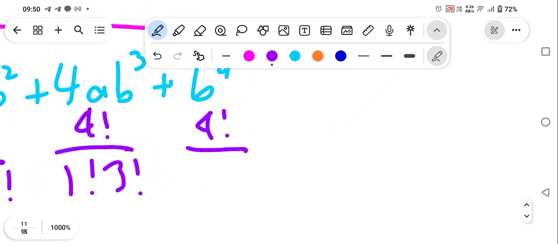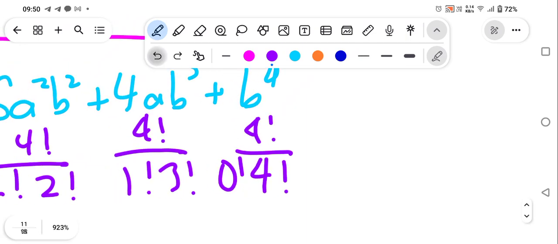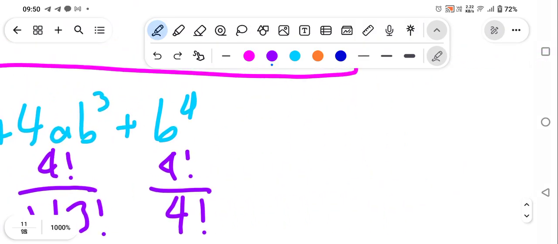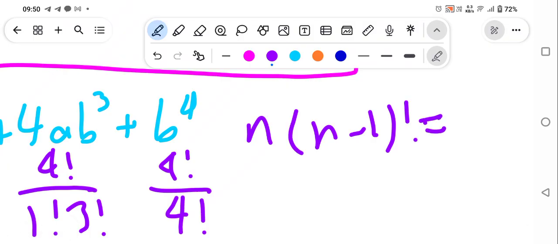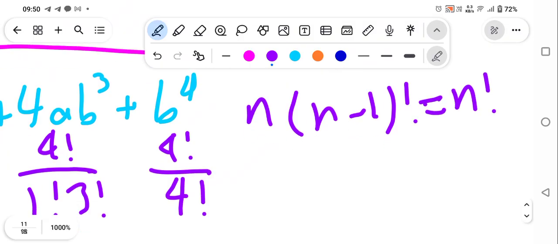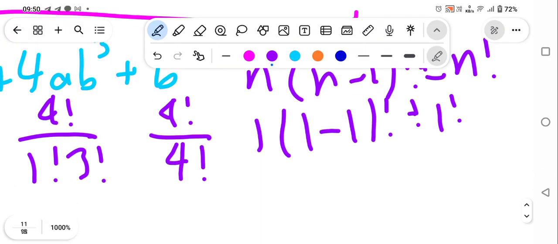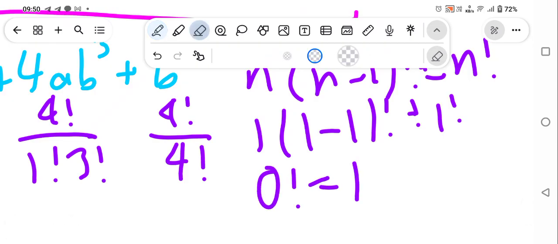And from here, we have 4 b's and 0 a's. Yeah, 0 factorial is 1 if you don't know that. n times n minus 1 factorial is equal to n factorial. So you sub 1, you have 1 times 1 minus 1 factorial equals 1 factorial, so 0 factorial equals 1.